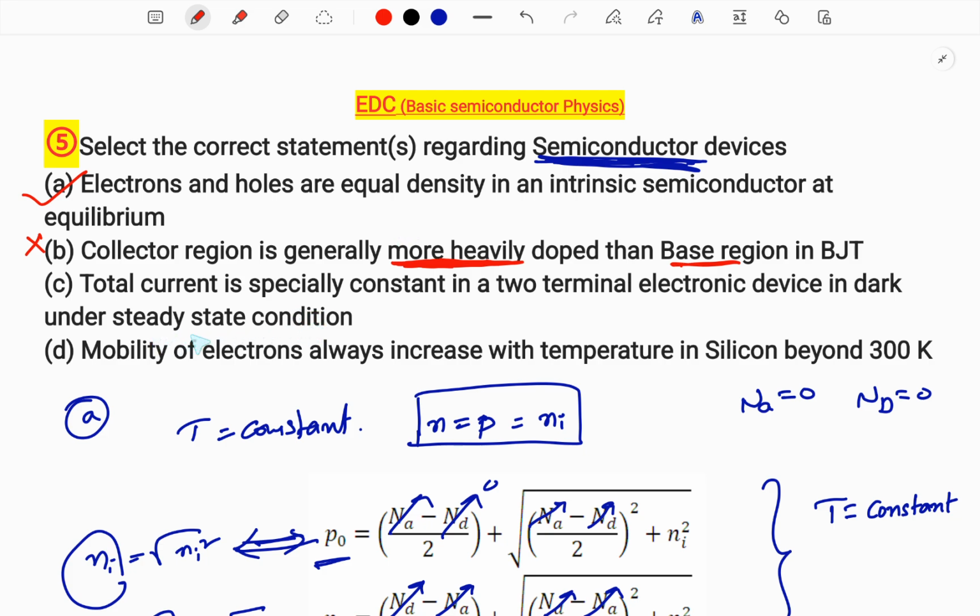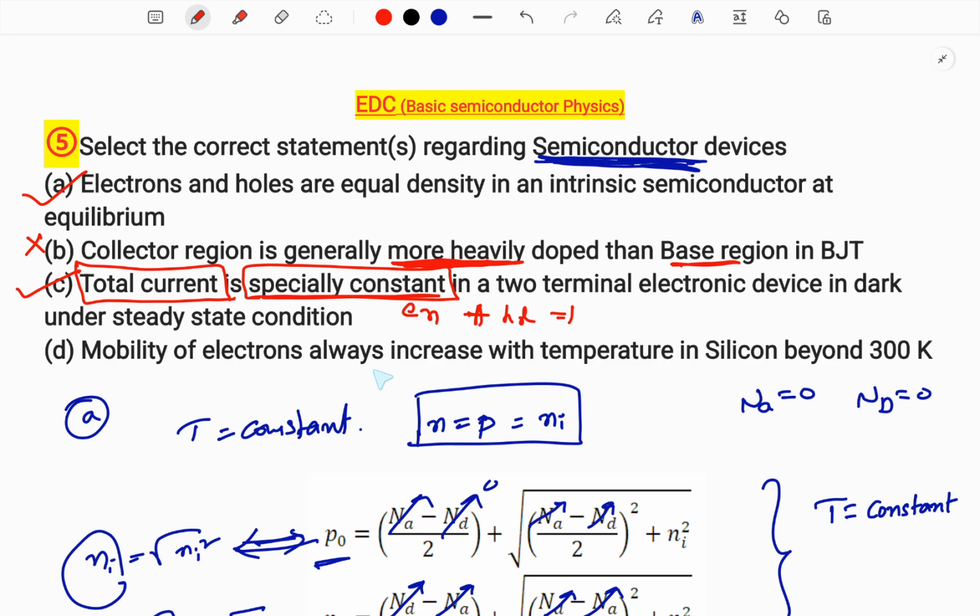Individual electron current or hole current may vary spatially, but the total current, the combination of electron and hole current, is spatially constant. So this statement is correct. Option C is correct. Now comes option D.